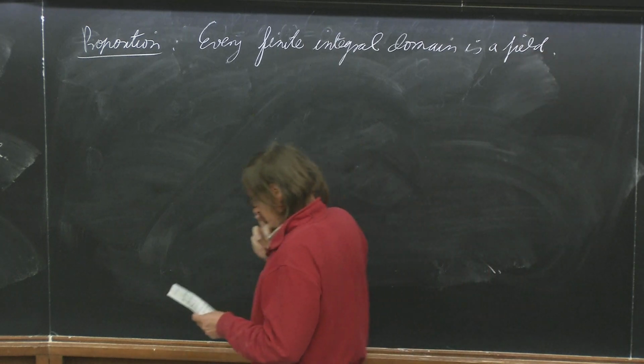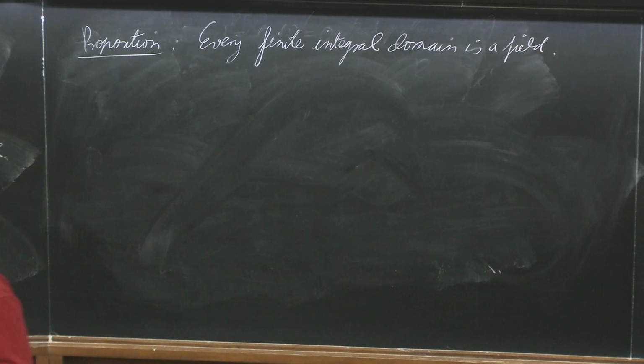It's quite easy. If you have an integral domain, we have everything here except that we don't know that every non-zero element has a multiplicative inverse. So we only have to show that R star is equal to R without 0.